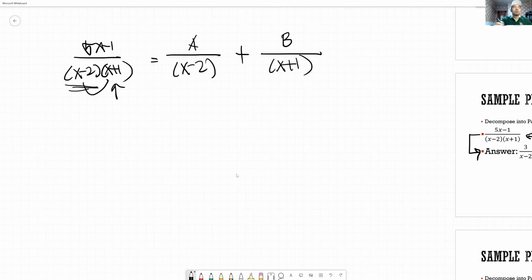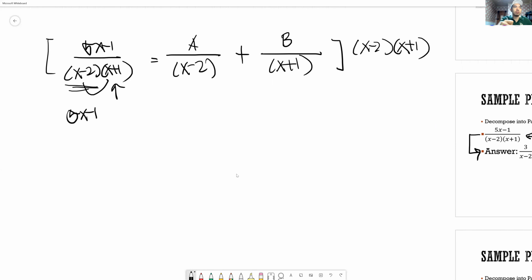Okay. We will multiply everything by this common multiple, x minus 2, x plus 1. Multiplying this to everything would lead to a single line equation, which is 5x minus 1 is equal to A multiplied by x plus 1 plus B multiplied by x minus 2.